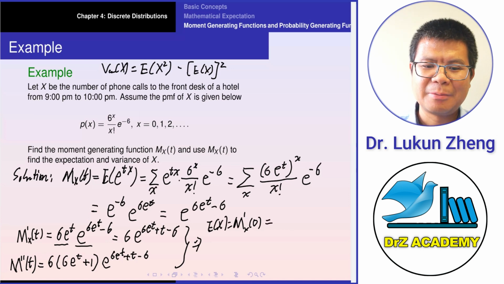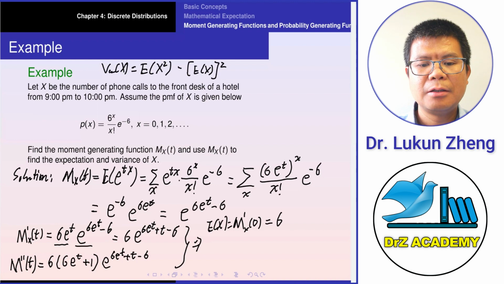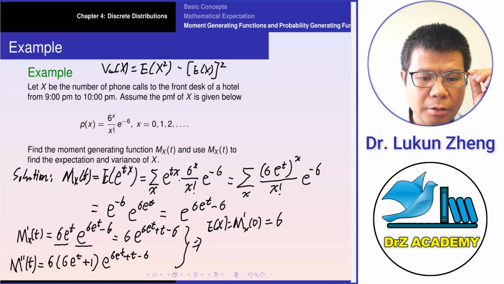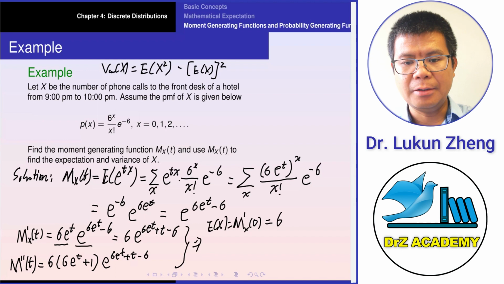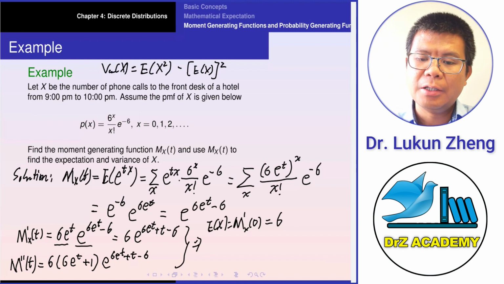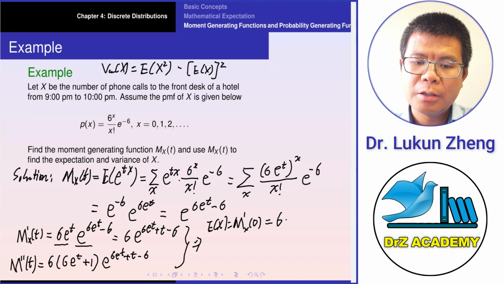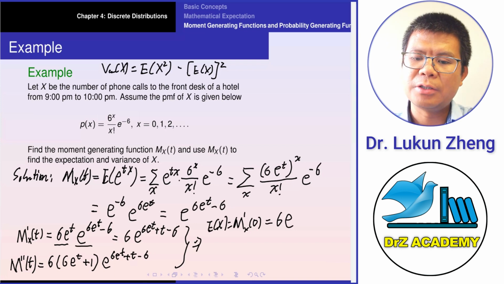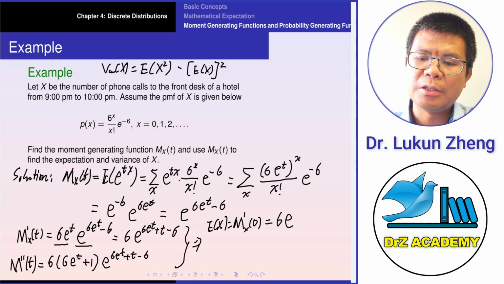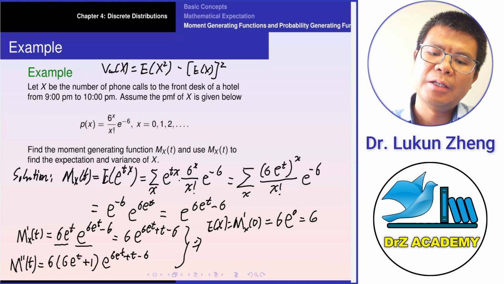The first derivative: 6 e to the power t, with t equal to 0, the exponent on top is 0, so e to the power 0 is 1, and this is going to be 6.